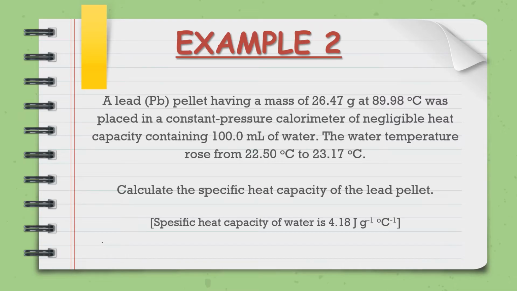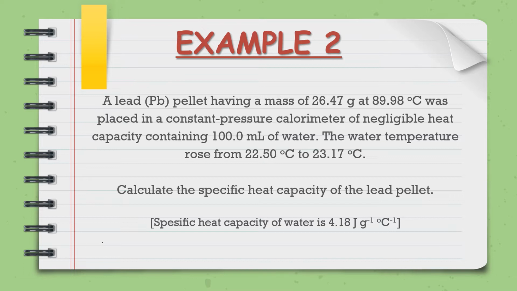Example 2. A lead pellet having a mass of 26.7 gram at 89.98 degrees Celsius was placed in a constant pressure calorimeter of negligible heat capacity containing 100 milliliter of water.